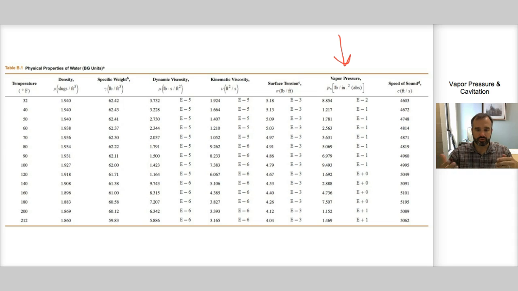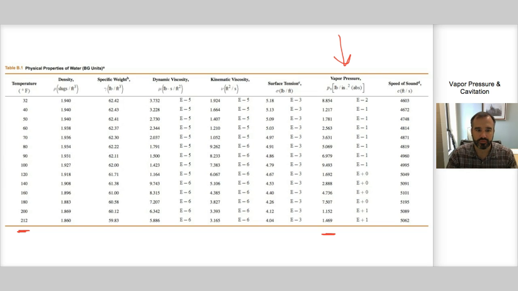Boiling occurs when the vapor pressure is equal to the local atmospheric pressure or the pressure inside the vessel. So if you're heating something, it'll start to boil when the vapor pressure is equal to the pressure outside or in that vessel. For example, the vapor pressure at 212 degrees Fahrenheit here is equal to 1.469 e to the 1, which is 14.7 psi.